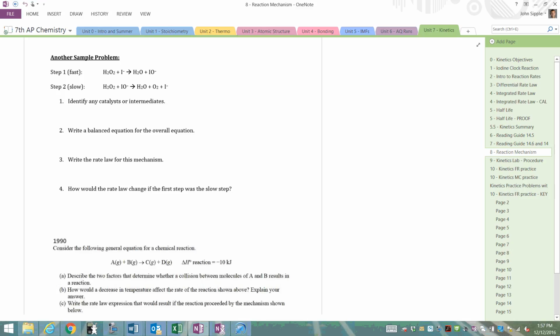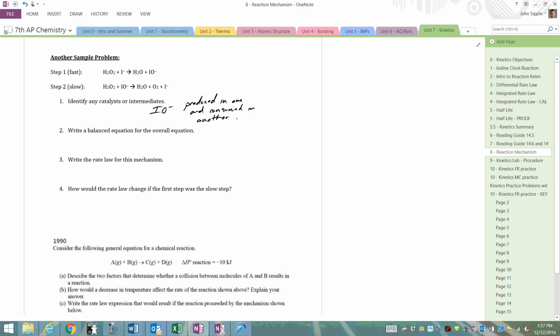Can you find some intermediates in these two reactions? An intermediate has to be produced in one step and consumed by another. IO minus is definitely an intermediate. It's produced in one and consumed in another. What about a catalyst? An example of a catalyst here.